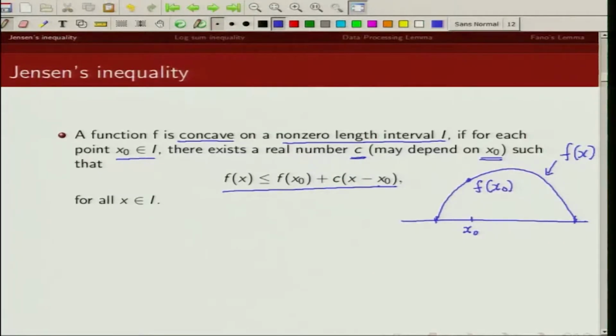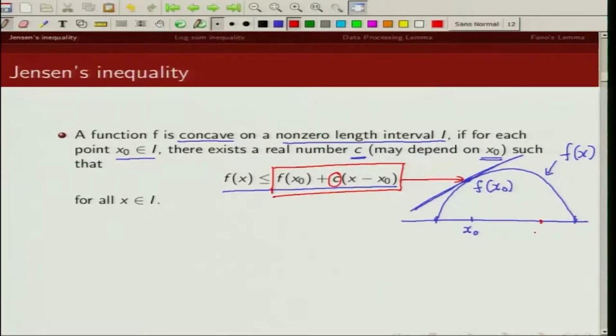It is a line passing through x naught and passing through this point. So this will be basically a straight line passing through x naught. Now note that this c, the slope of this line, depends on what choice of x naught I choose.